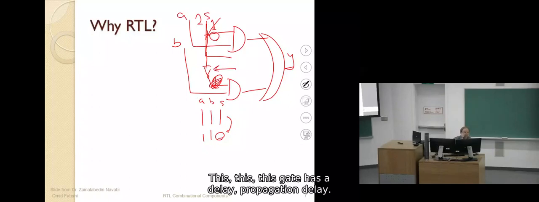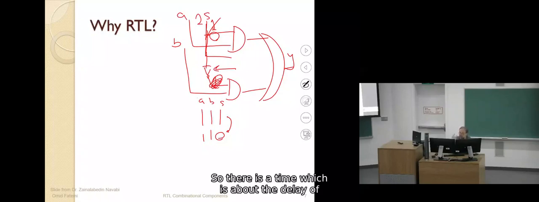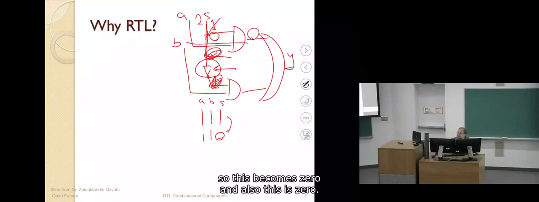This gate has propagation delay. When it is coming from 1 to 0, the output doesn't become 1 at the same time instantaneously. It takes time, okay? So there is a time, about the delay of this gate, where this is 0, so this AND becomes 0, and also this is 0.